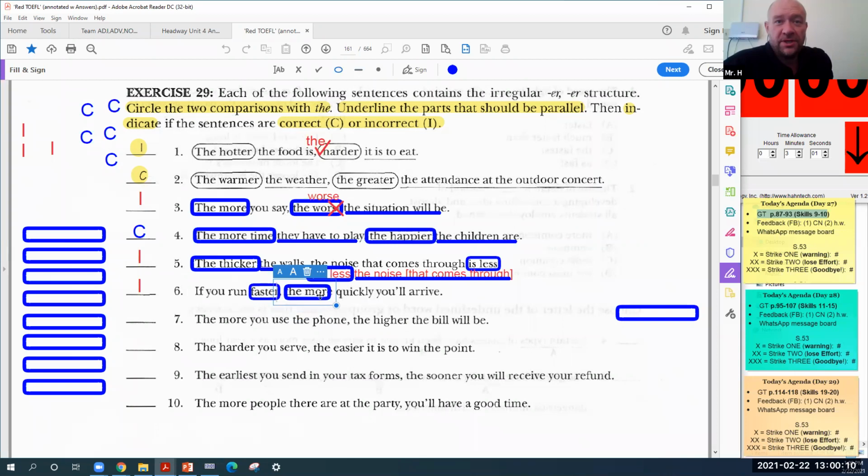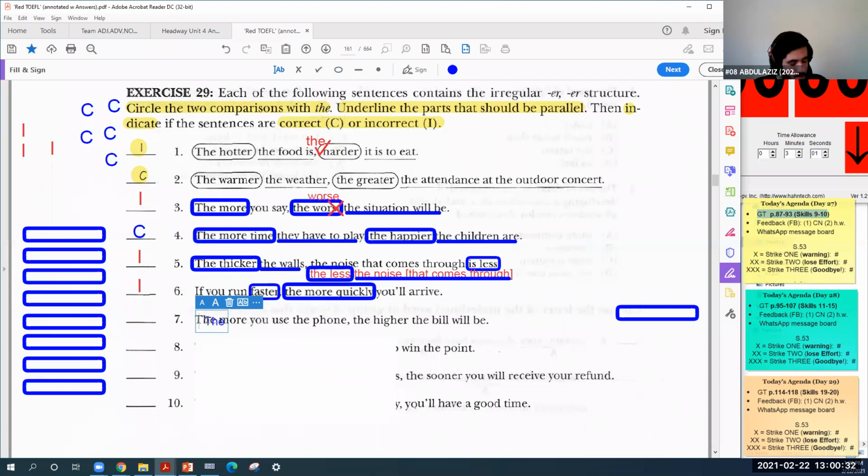The faster, the more, not just the more, also you should include quickly. Include quickly here. There you go, just like that. So how do I fix it? The faster you run.